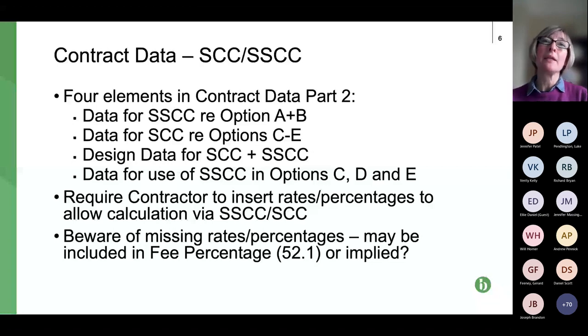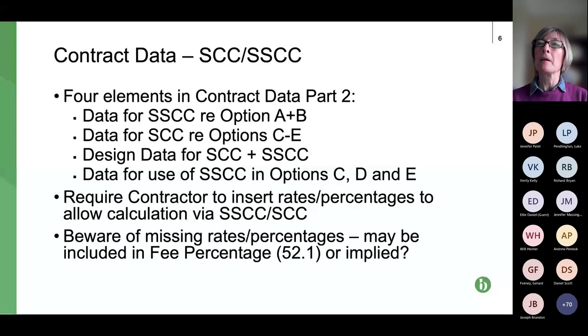So effectively, if you look at those 4 indented bullet points, if you're on options A or B, you're going to be filling in that first indented bullet point and the third one. If you're on options C, D or E, you're going to be filling in the second, third and fourth indented bullet points.